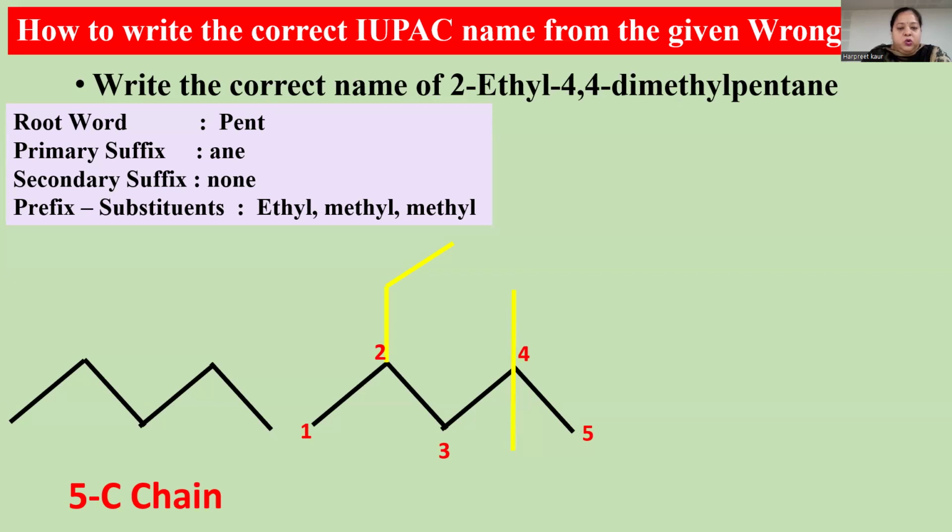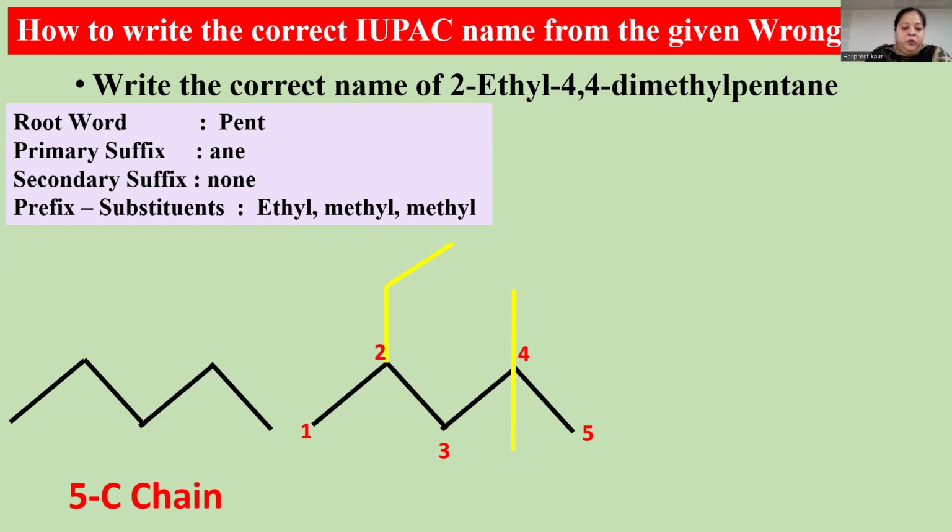At position number 2, according to the wrong name given, there is ethyl. And at position number 4, 2 methyl groups are there. One methyl group is shown upward, another methyl group is shown downward, and these substituents are shown here in yellow color.